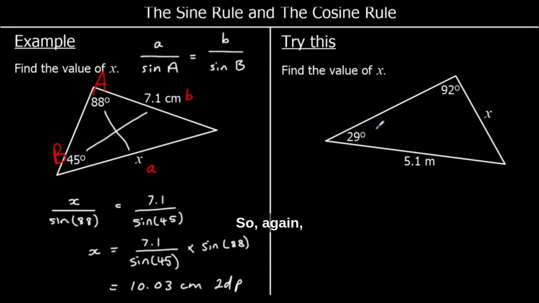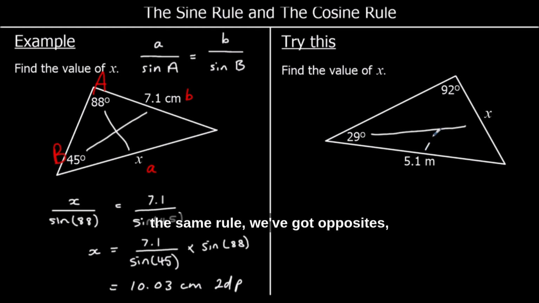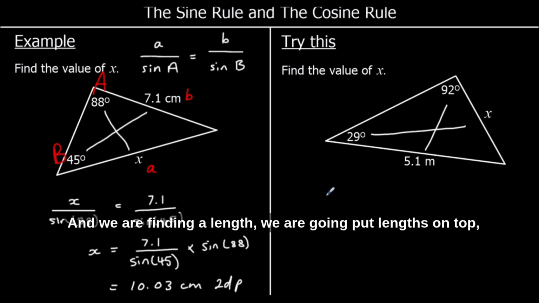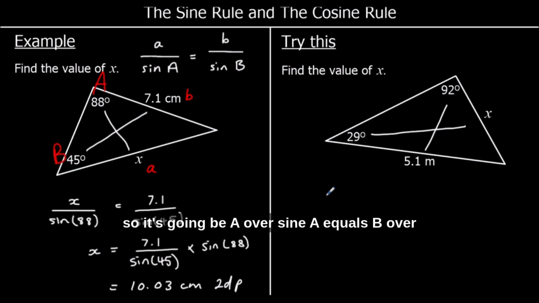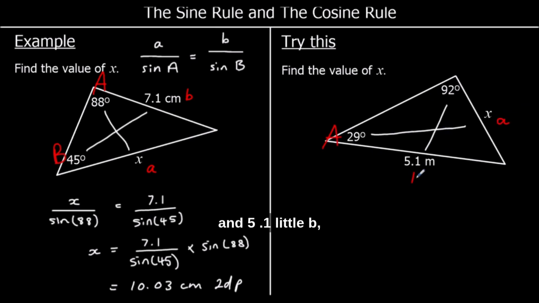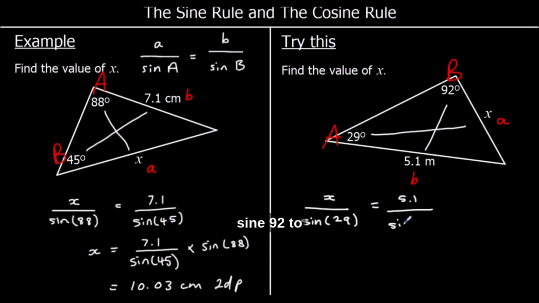So it is again the sine rule. We've got opposites and we're finding a length, so we're going to put the lengths on top. So it's going to be a over sine A equals b over sine B. We'll call x little a, so opposite will be big A, and 5.1 little b, so opposite that will be big B. So substituting in, we've got x over sine 29 is equal to 5.1 over sine 92.